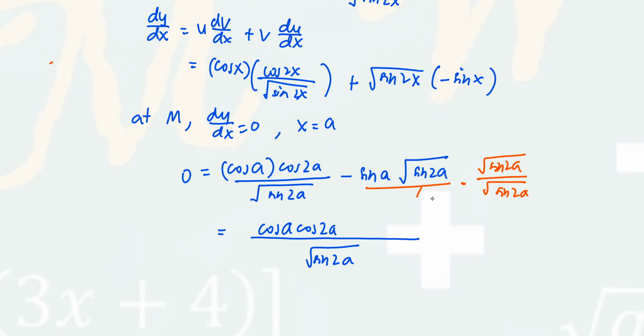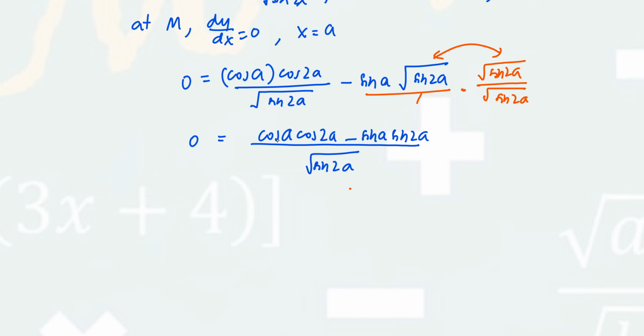So now the denominator, when you combine, it will be square root. Then the numerator, I combine, it will be sine 2a, no more square root. So sine a sine 2a. And this is 0. And when you are solving this, the denominator moves to the other side, it becomes 0. Then now I will just write, basically, I'm solving cos a cos 2a minus sine a sine 2a equals 0.